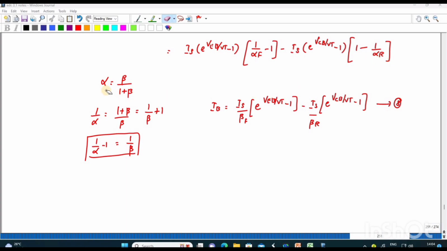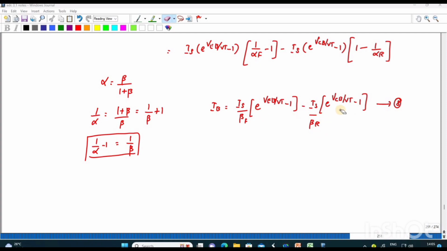We know that alpha is equal to beta divided by 1 plus beta, and 1 by alpha is equal to 1 plus beta divided by beta. So I can write this as 1 by beta plus 1. So 1 by alpha minus 1 is 1 by beta. So I can substitute this whole term as 1 by beta F.